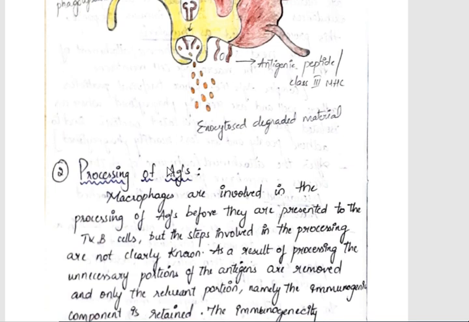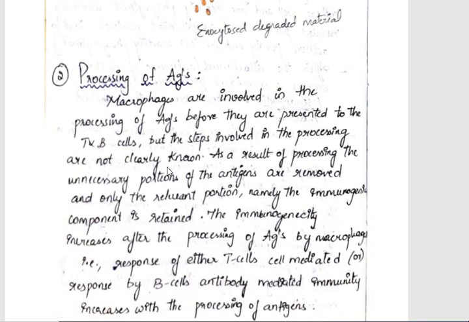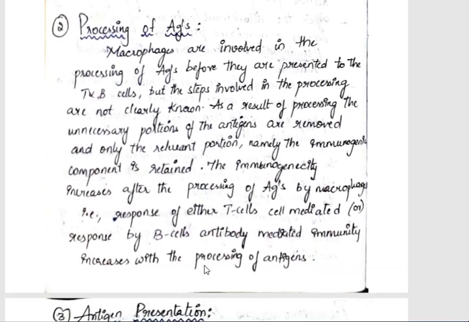Then moving to the second function of macrophage, which is processing of antigen. So what is processing? That means if you are getting any product, it is going to have some sort of a processing step such that its quality or appearance is enriched. In the same manner, the macrophages process the antigens that are entering the body, and they are going to be presented.